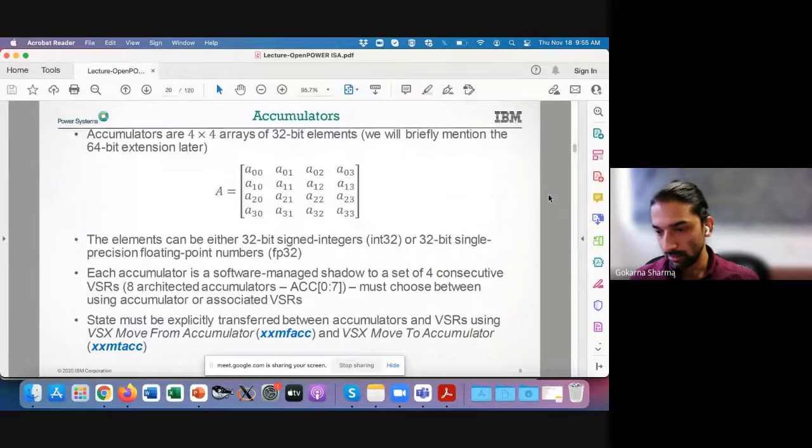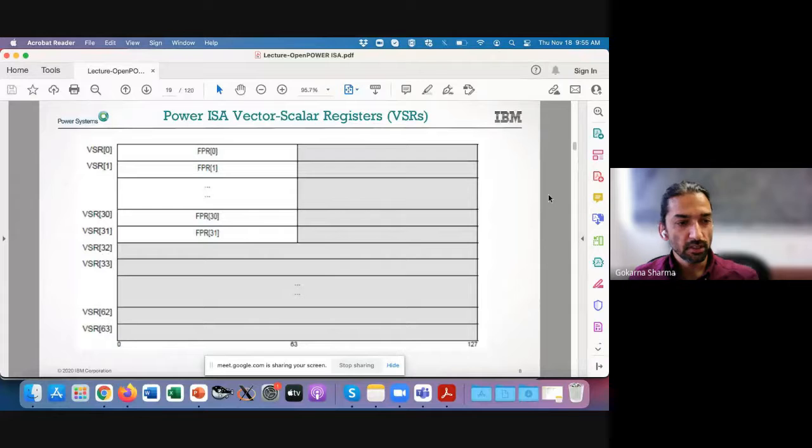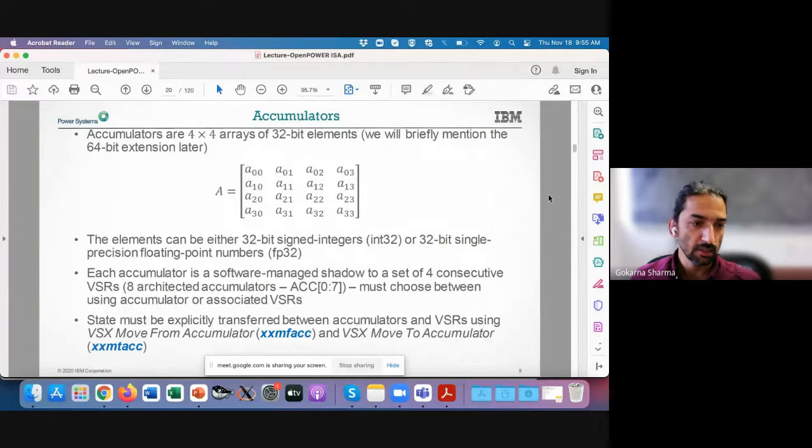Each accumulator is a software managed shadow of a set of 4 consecutive VSRs. Here this accumulator is written in the vector scalar registers. Think about how you can write this accumulator there: you can use 4 consecutive VSRs.